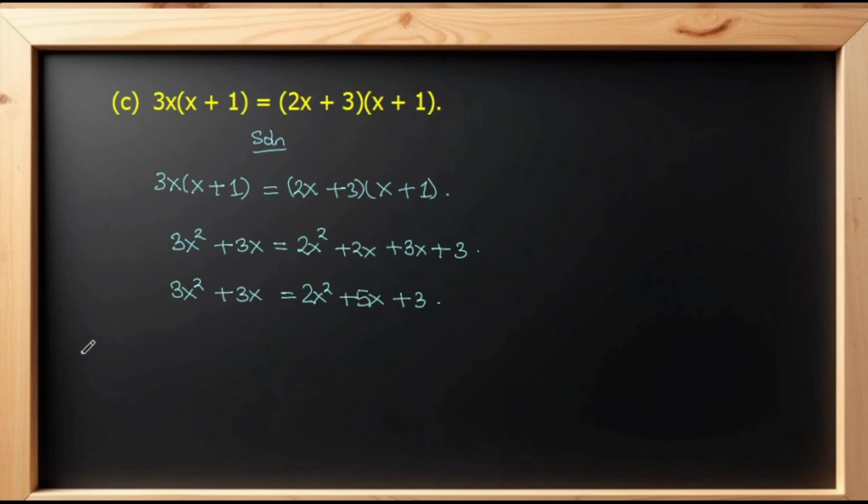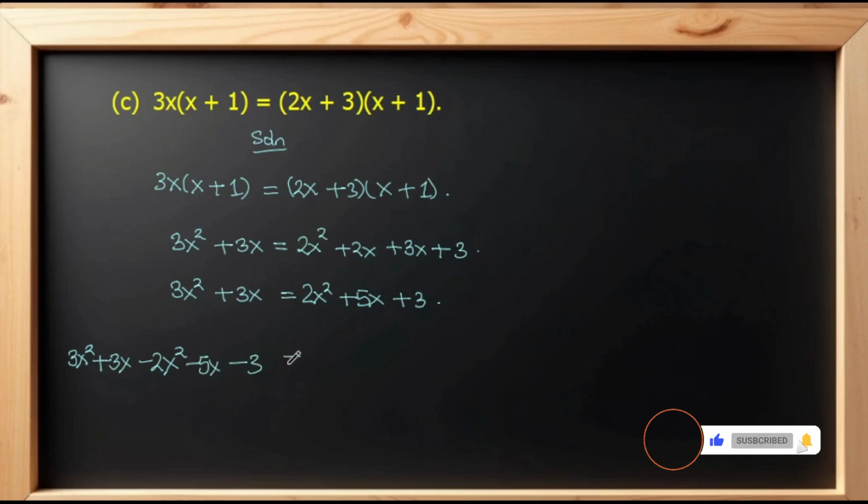So let's move all these terms to this side and simplify it over. Then we have here 3x squared plus 3x minus 2x squared minus 5x minus 3, so give us 0. I'm trying to maintain all our equal signs in a straight line.